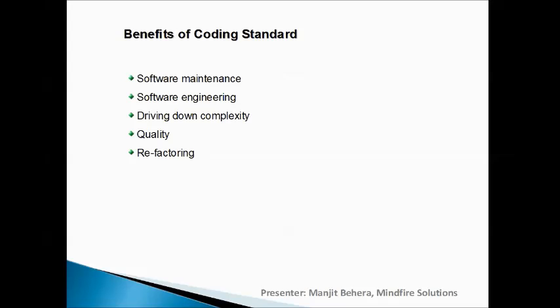If we have a coding standard which gives us the folder structure and the modularization, then by viewing that modular structure, we can define various modules and sub modules. So the complexity of that large project has been divided into different sections.